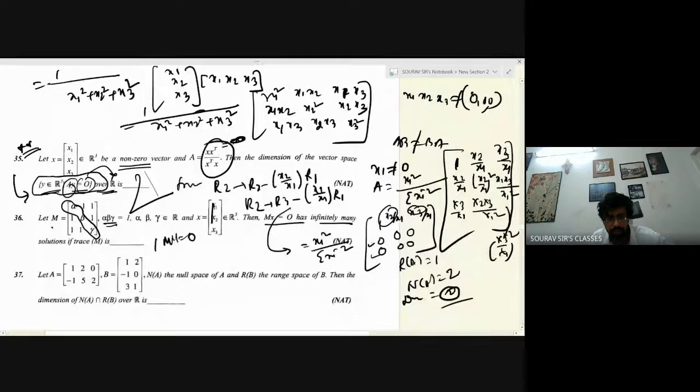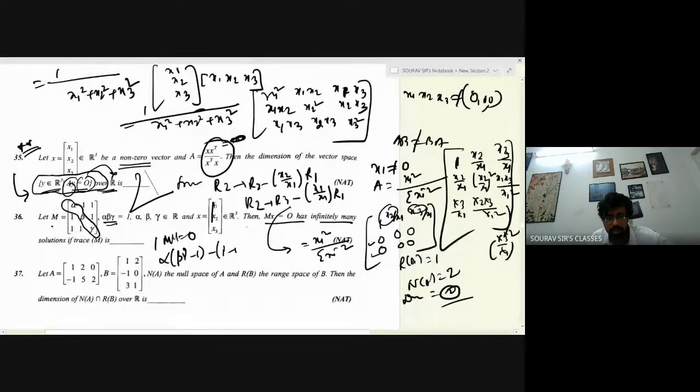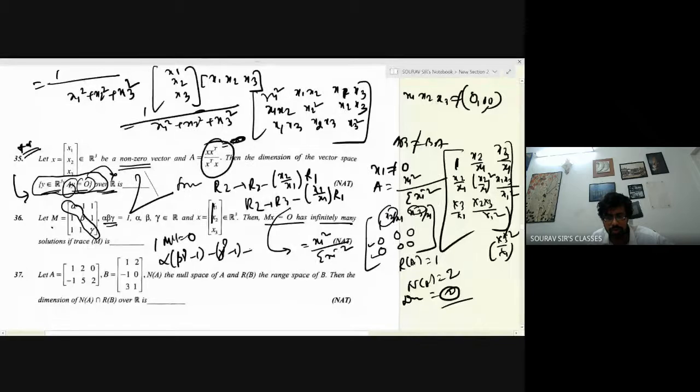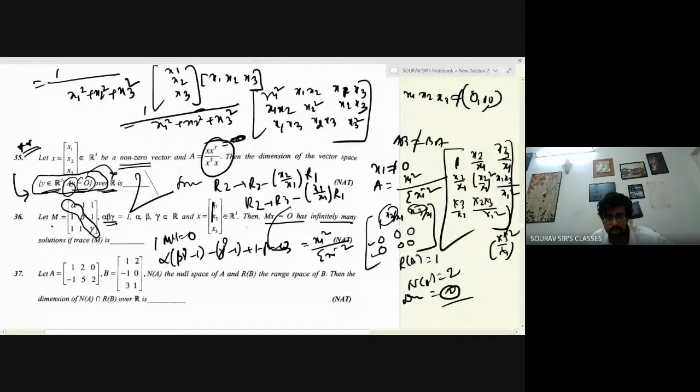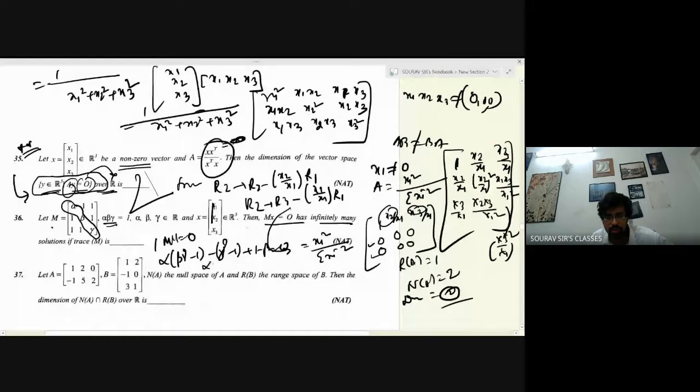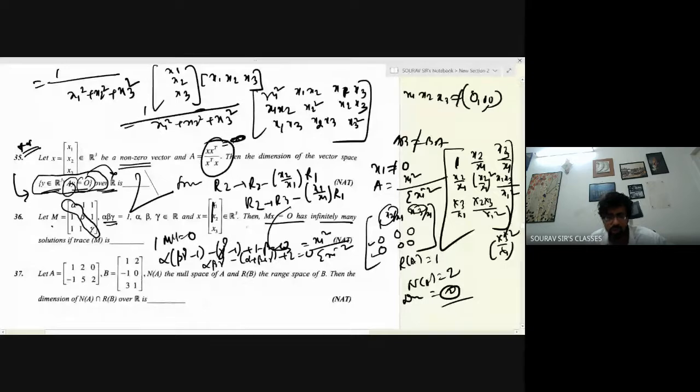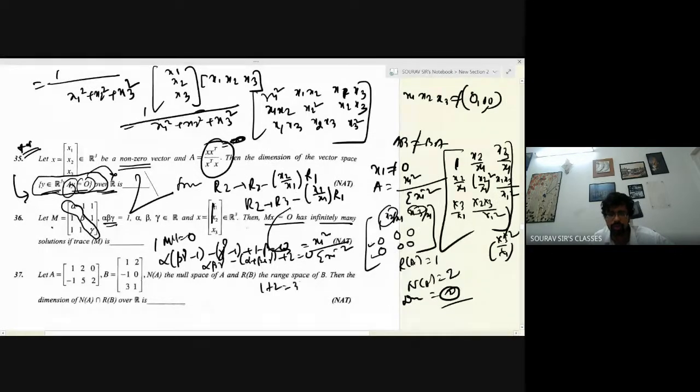So alpha beta gamma minus 1 minus beta gamma minus 1 plus 1 minus beta equals 0. So alpha beta gamma minus alpha plus beta plus gamma plus 2 equals 0. So alpha plus beta plus gamma is alpha beta gamma plus 2. So alpha beta gamma is 1, so 1 plus 2 is 3.